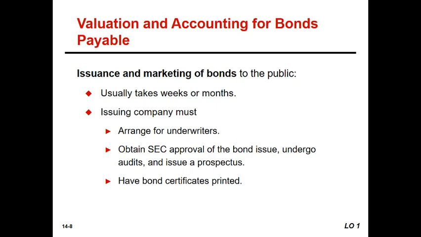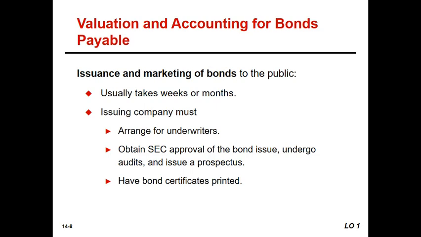The selling prices of bonds all come down to a variety of factors, and this is the effective or the market interest rate, the economic conditions at the time in the investment market, the stated coupon rate of the bond in comparison to those market rates.